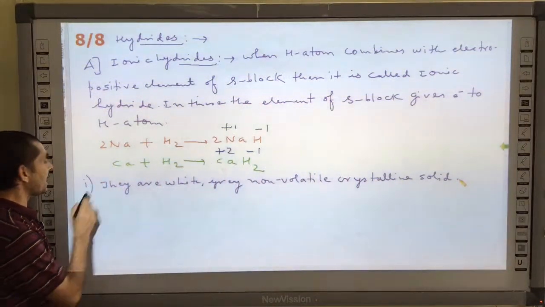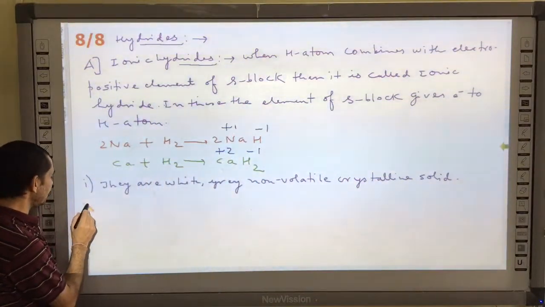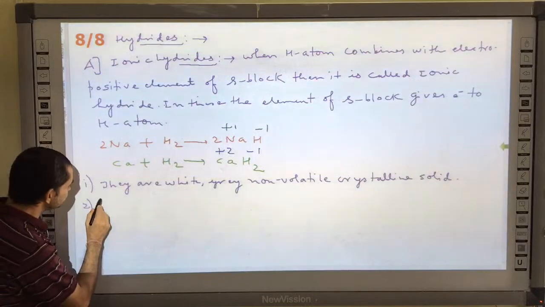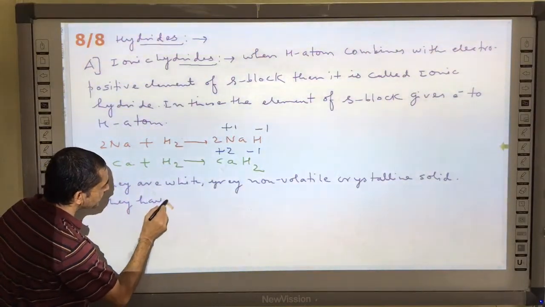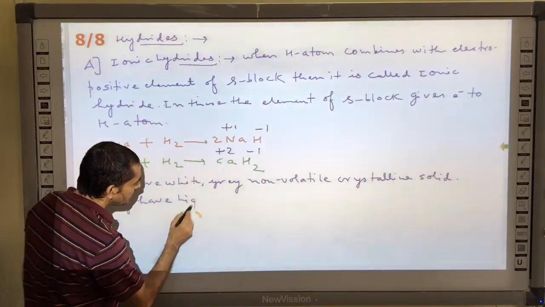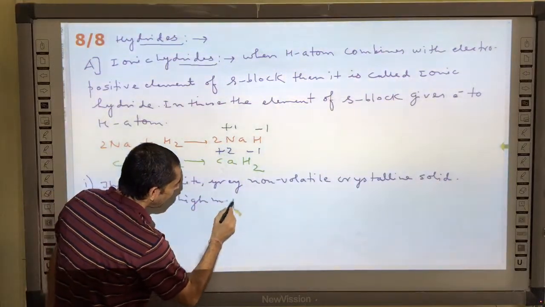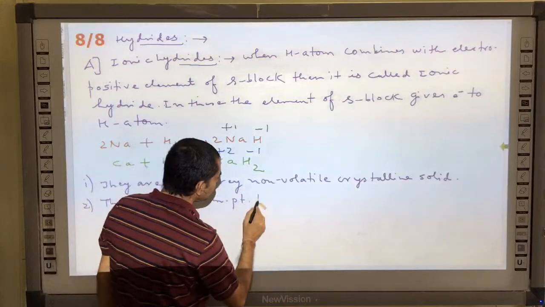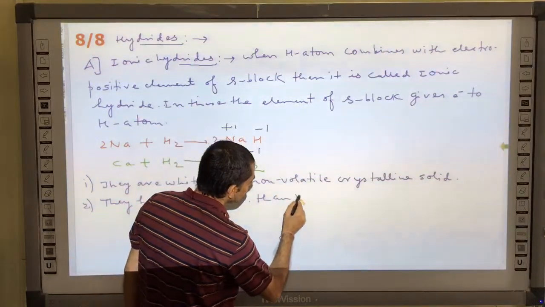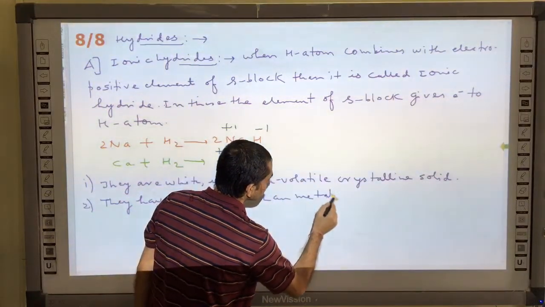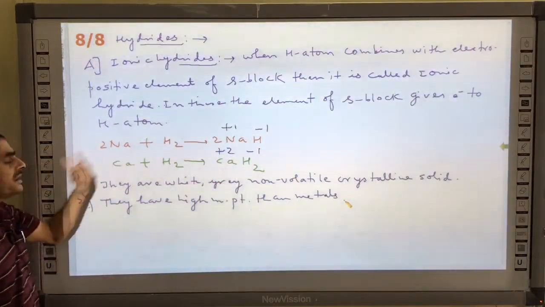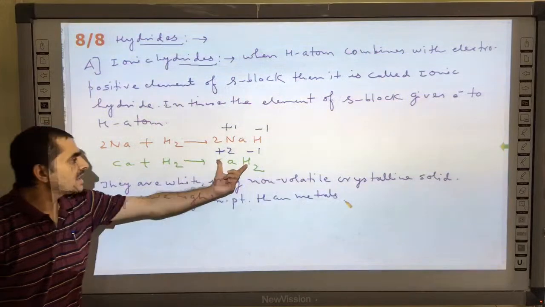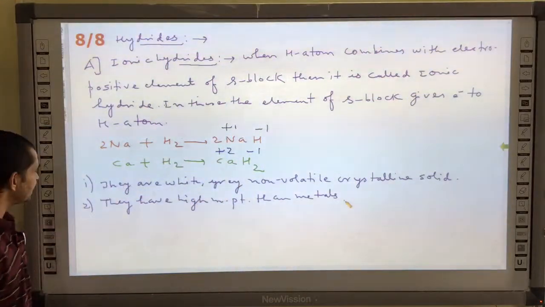Number second, they have high melting points than metals, means this hydride has a higher melting point than sodium, and this hydride has a higher melting point than calcium.